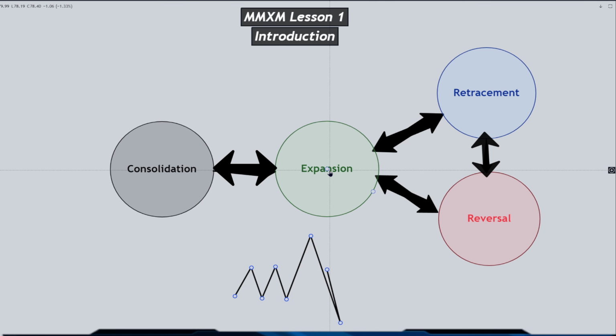From the reversal, the market can go for another expansion. You are not expecting upwards straight away. You are expecting the lower expansion. So don't mix up the first expansion with the next phase of expansion. I hope that part is clear.